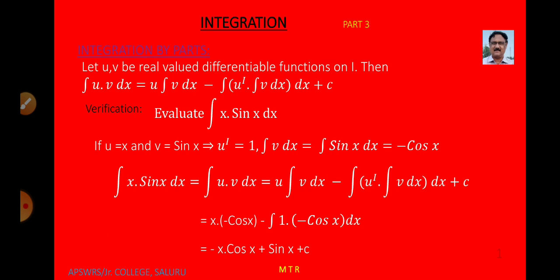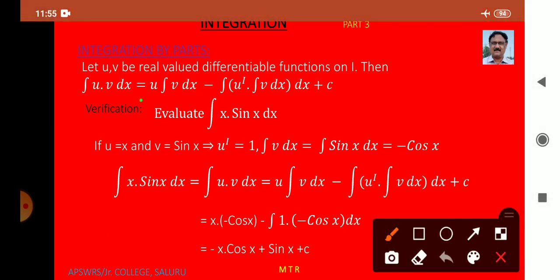So the integration of the product of u and v is u integral v dx minus integral u dash into integral v dx plus c. If we take the first function as u and the next function as v, then integral uv dx is u integral v dx minus integral u dash integral v dx plus c.